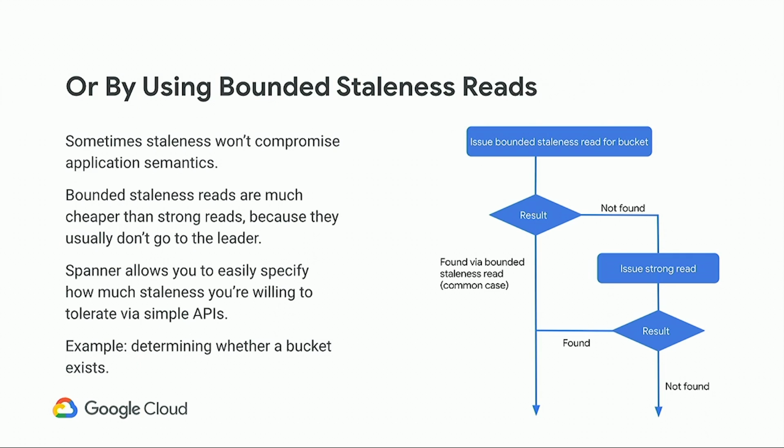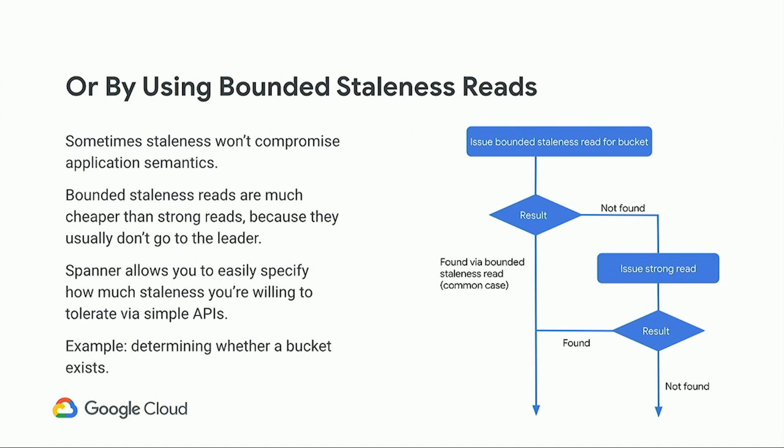And keep in mind that bounded staleness reads are actually much cheaper than strong reads. That's because typically bounded staleness reads don't have to go to the leader. Oftentimes, all of the replicas in your Spanner database are almost entirely up to date. It's only that last small window of transactions that haven't yet been propagated to all of the replicas.